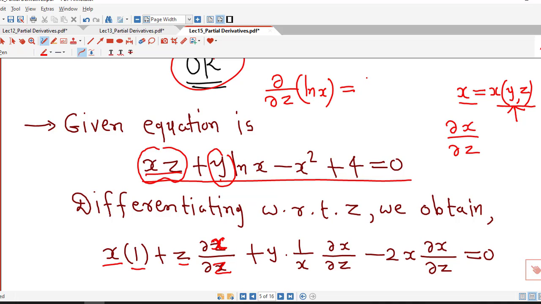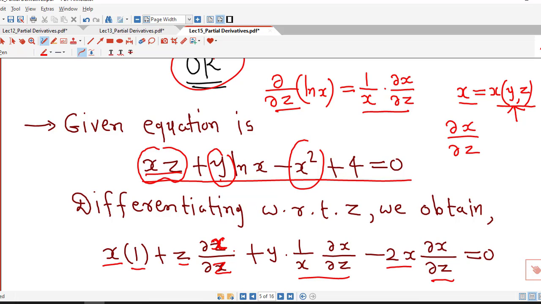So here we are applying the chain rule. First we differentiate log x with respect to x, and in the product we write the derivative of x with respect to z. So the derivative of log x with respect to z is 1 by x times del x by del z, and the derivative of x square is 2x times del x by del z by the chain rule.